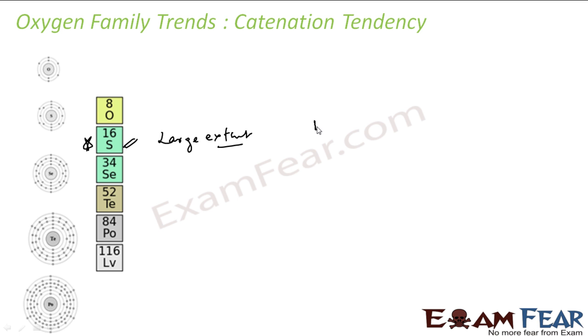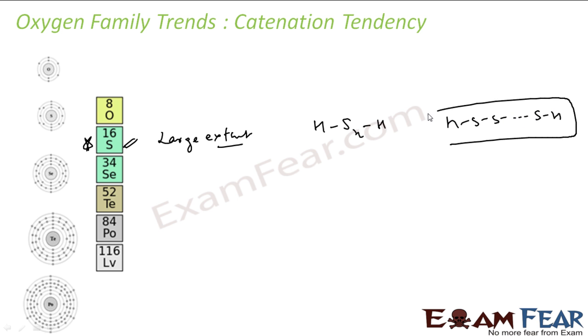For sulfur, you have something like H-S-H, and many sulfur atoms attached, which they call sulfanes, or something like HO3S-S-S-SO3, with too many S and then SO3.